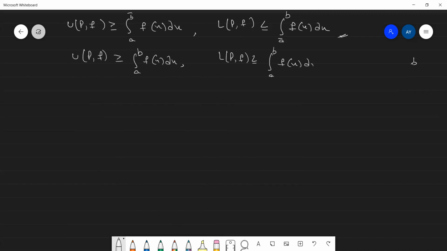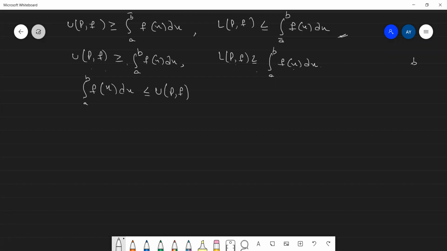Okay. Now, from these two, what can we conclude? You can write this one: if LPF is less than or equal to the integral a to b f of x dx, write this one as the integral a to b f of x dx is less than or equal to UPF.